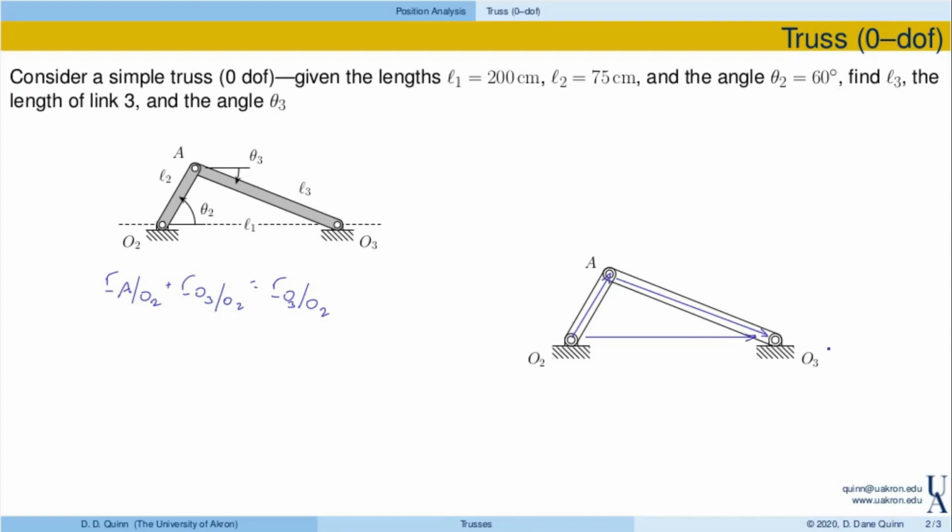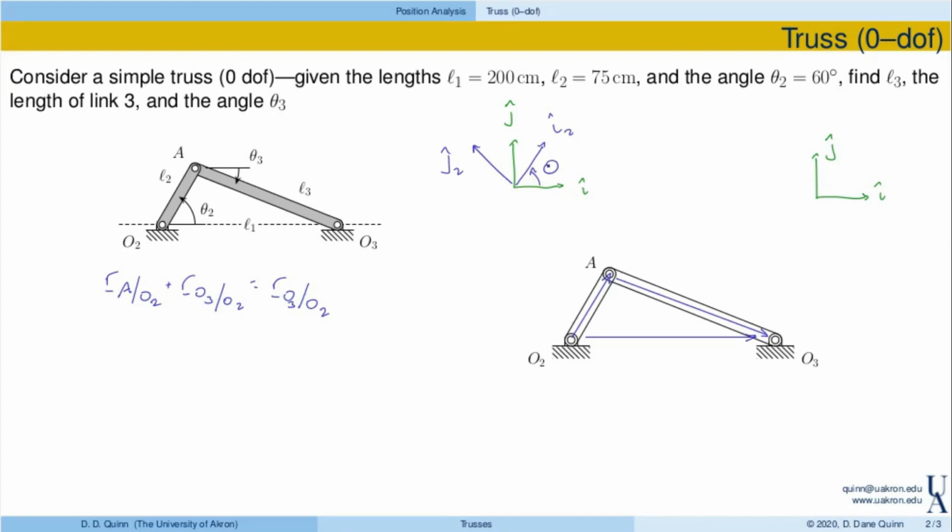So now we need to figure out what all these things are. In order to do that, let's define directions that are associated with these three vectors. We'll always start with the ground, I and J. And then let's define directions fixed in link 2. I'll go ahead and redraw I and J. Then I2 is along the length, and J2 is perpendicular.